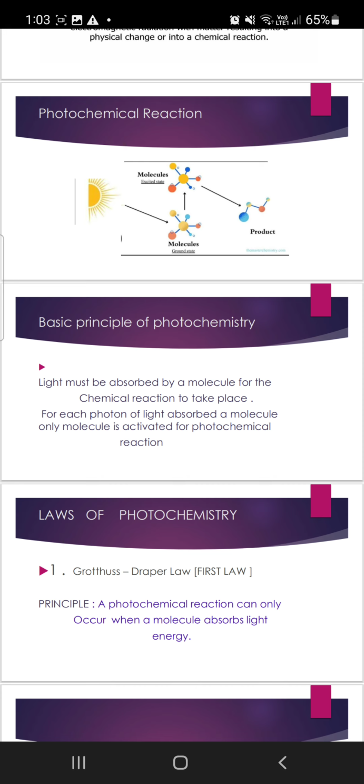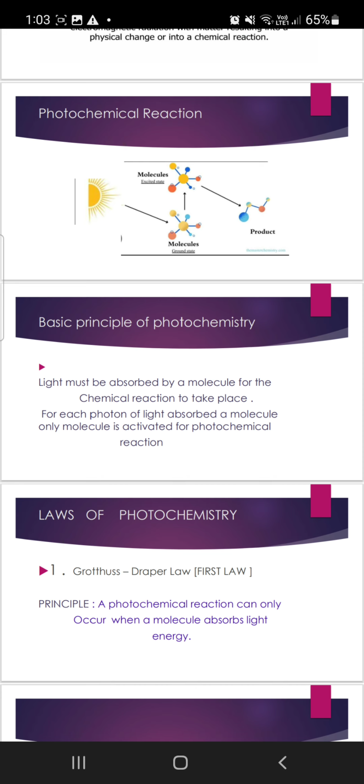The next topic is the laws of photochemistry. Here we are going to learn two laws of photochemistry. The first law is the Grotthuss-Draper law, the first law of photochemistry.